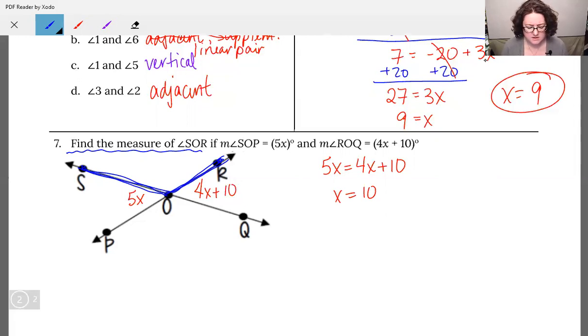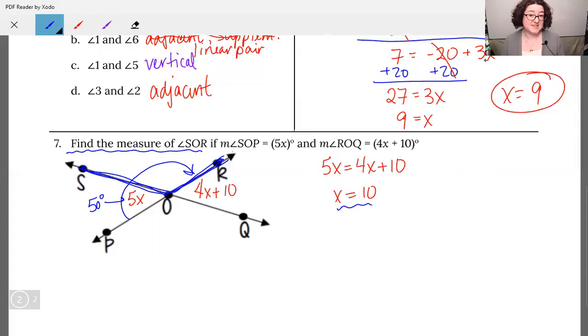If I paired my blue angle, the top angle, with the 5x, what would those two angles add up to? They would add up to 180 degrees. So if I knew the measure of 5x, which I can find by plugging x back in, I'd be able to figure that out. Well, 5x, plug 10 in for x, that means that measure is going to be 50 degrees.